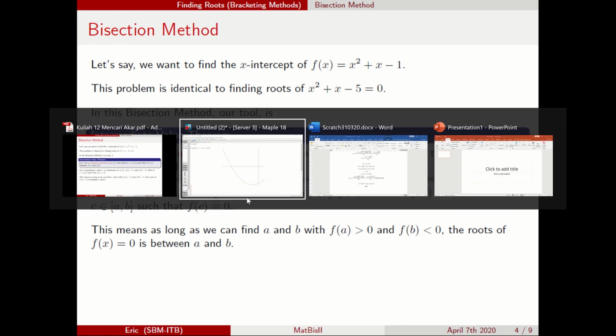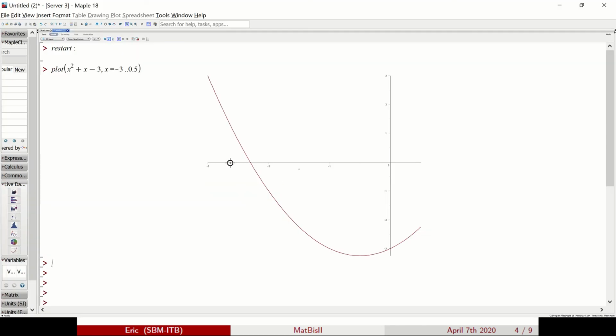That means if we have here a is -3, b is -1, f(a) is positive, I mean it is above the x-axis, and the value of f at -1 is negative.